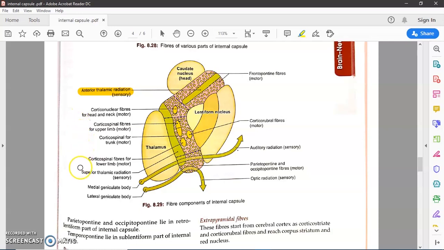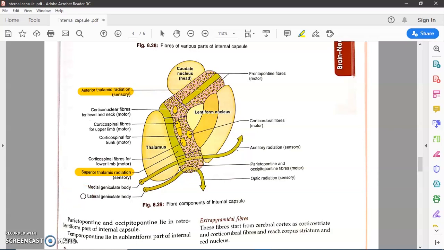Second, fibers traveling from the ventral posterior nuclei of the thalamus to the somatosensory area in the postcentral gyrus constitute the superior thalamic radiation. These fibers occupy the genu and posterior limb of the capsule.